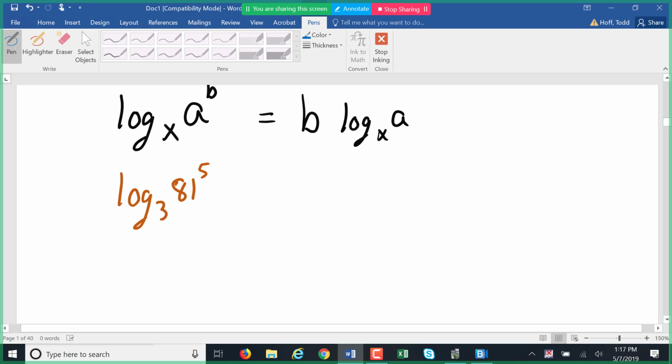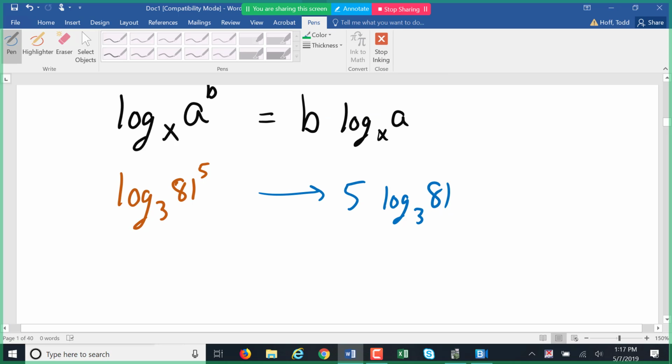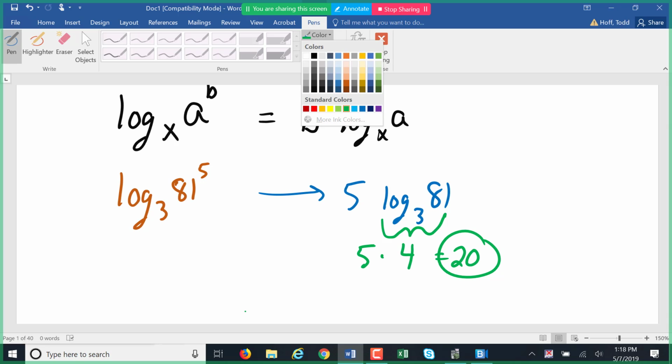So if I have log base 3 of 81 to the 5th power, I can make that 5 times log base 3 of 81. Much easier to do log base 3 of 81 than it is to try to do 81 to the 5th power. What is log base 3 of 81? 4, good. So 5 times 4 is 20. Log base 3 of 81 to the 5th power is 20.